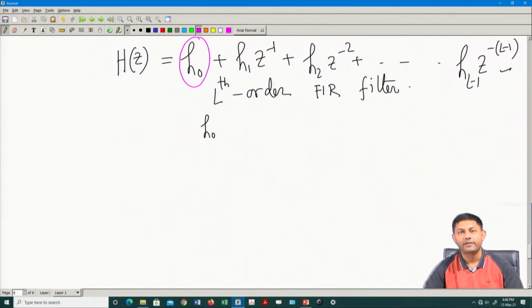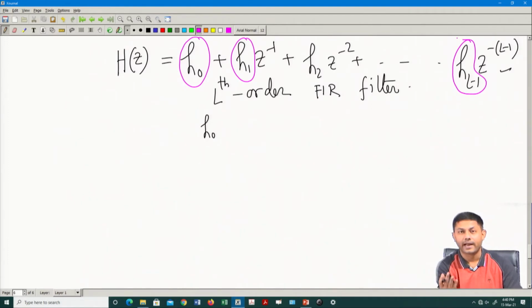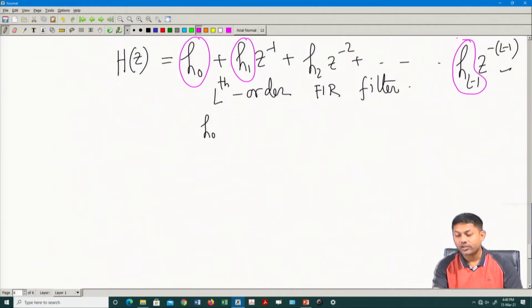From a plain filter point of view, they are nothing but the coefficients of the filter. Even if its order is L, it does not mean that all of h_0 to h_(L-1) will be non-zero. There is no guarantee.